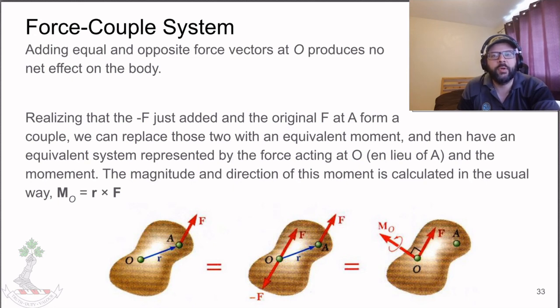Figuring out the magnitude of that moment is just based upon taking the displacement vector from O to A, crossing it with F. Generally speaking, you're often going to know just the amount the line of action of the force was shifted, so you're going to know that perpendicular distance instead of necessarily knowing the location of two points along the line here.